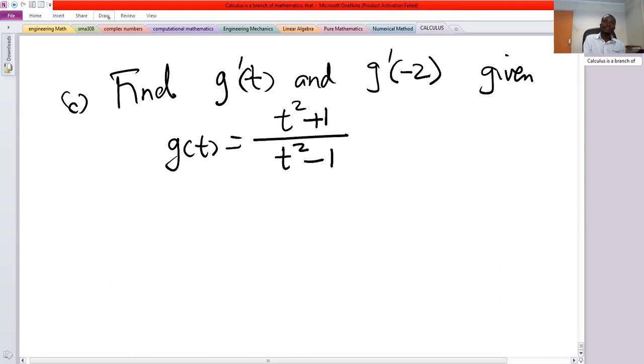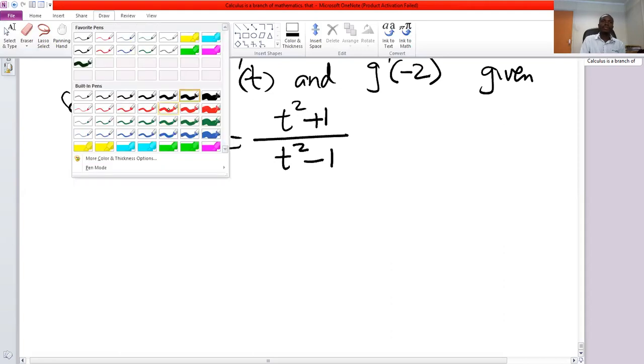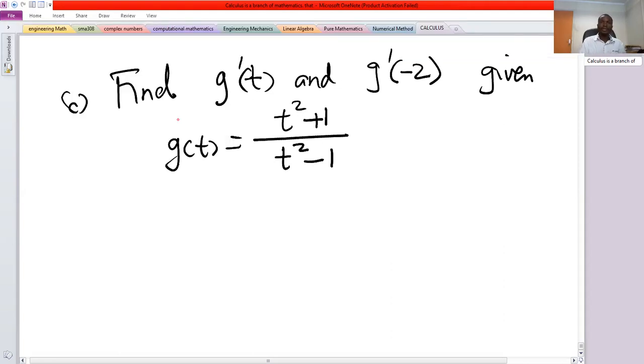So there are two parts. First, we find the derivative. Second is to evaluate the derivative at minus 2.